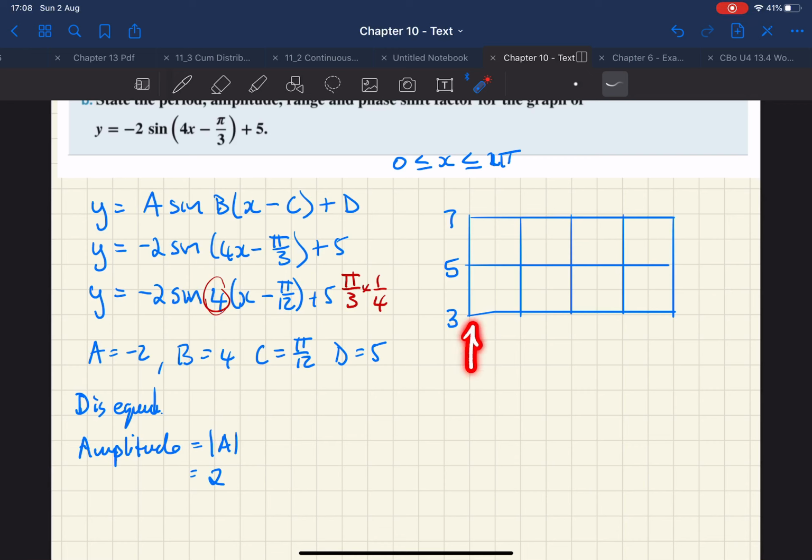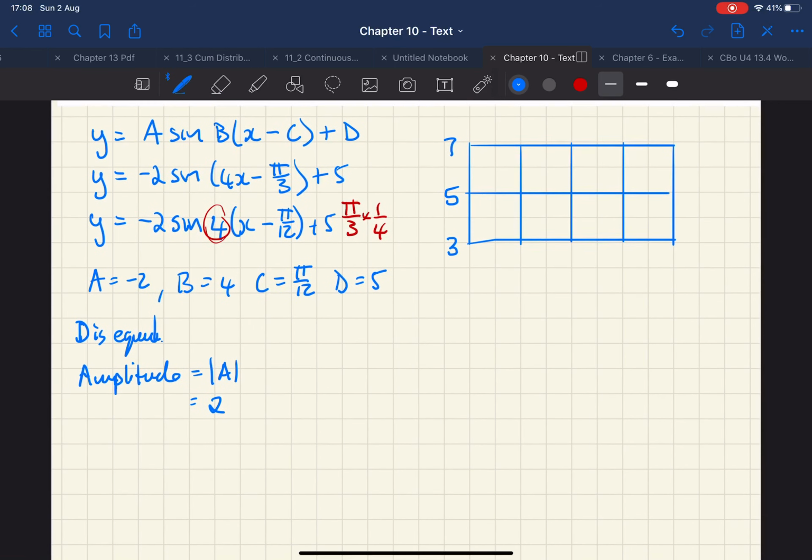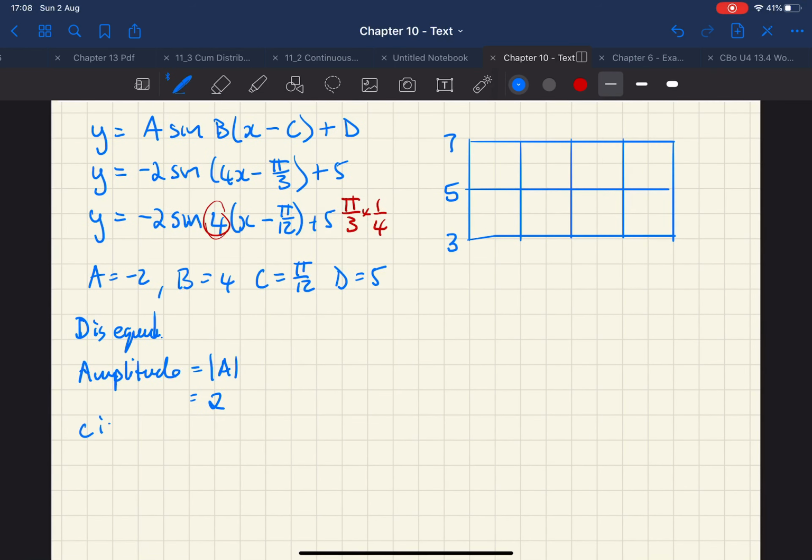I now want to have the start of my graph over here. So where does my graph start? Here. To find that value, c is my starting point. So c is the start, and that equals π/12. Because this is negative, it will be π/12.